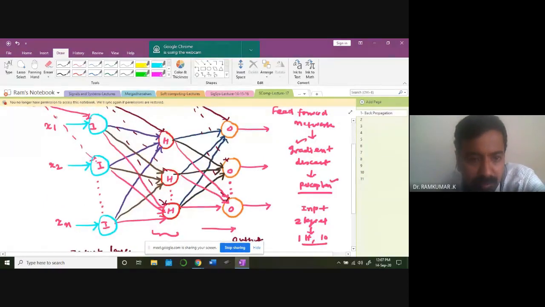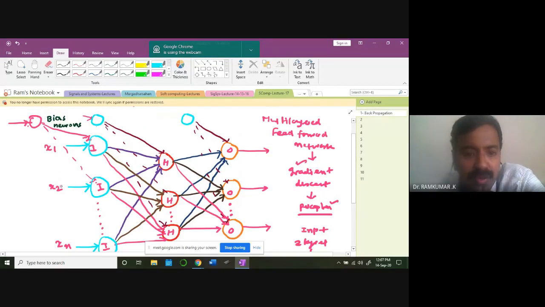For all the neurons, it's connected. All the neurons will have a bias, till the last one. So this is the kind of structure we are going to discuss today.